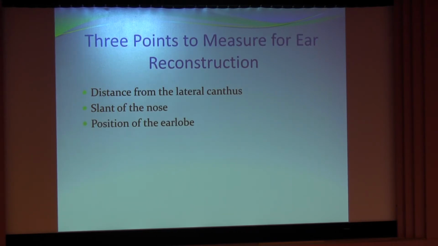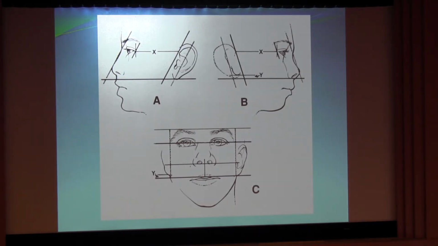The 3 points to measure, which are important from the positioning standpoint, are the distance from the lateral canthus, the slant of the nose, and the position of the earlobe. So if you look at these, the slant of the nose in figure A, you can see you want to have the angle of the inset of your ear parallel to that.